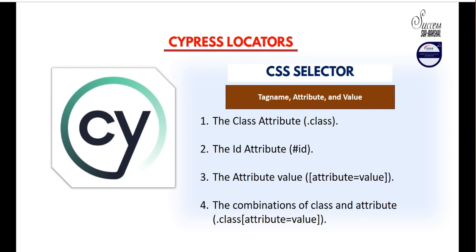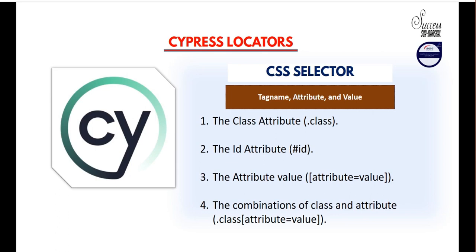The first one is the class attribute. The second one is the ID attribute. The third one is the attribute value. Then the fourth one is the combination of class and attributes.